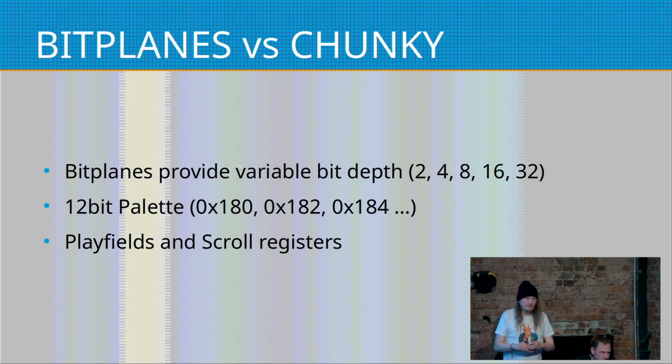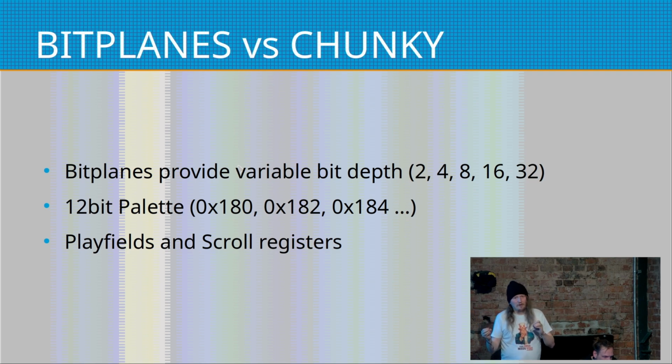Amiga uses 12-bit palette, the familiar number 4096, and Amiga has also the scrolling registers. Hardware scrolling is possible because you define the bitplane pointers somewhere in the memory, and this would give only the 16-bit scrolling on the X direction.